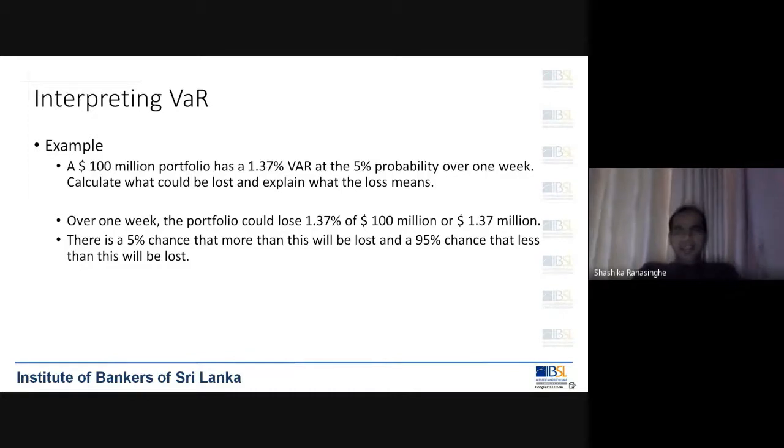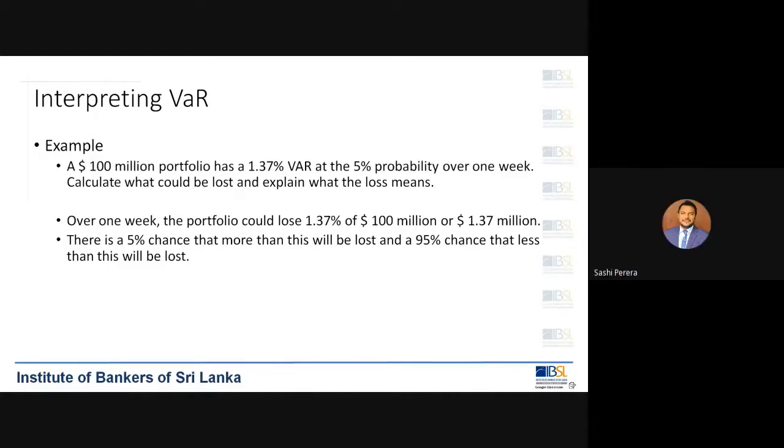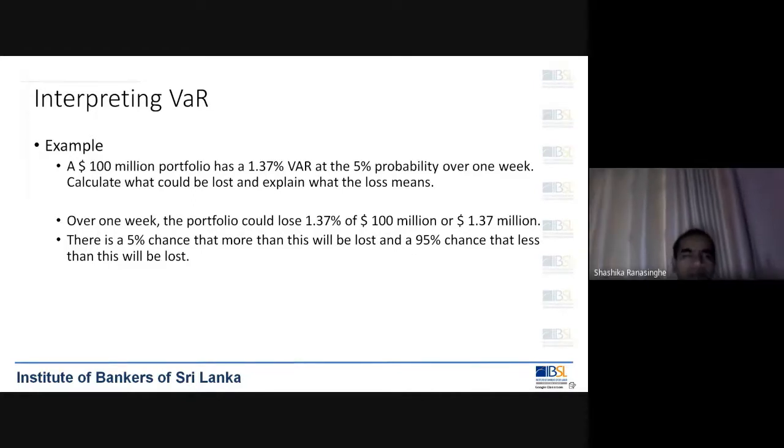At 1% probability, will the value at risk be more than 1.37% or less than 1.37%? Sir, I didn't get the question. Yeah, the same question, right? A $100 million portfolio has a 1.37% value at risk at 5% probability over 1 week.